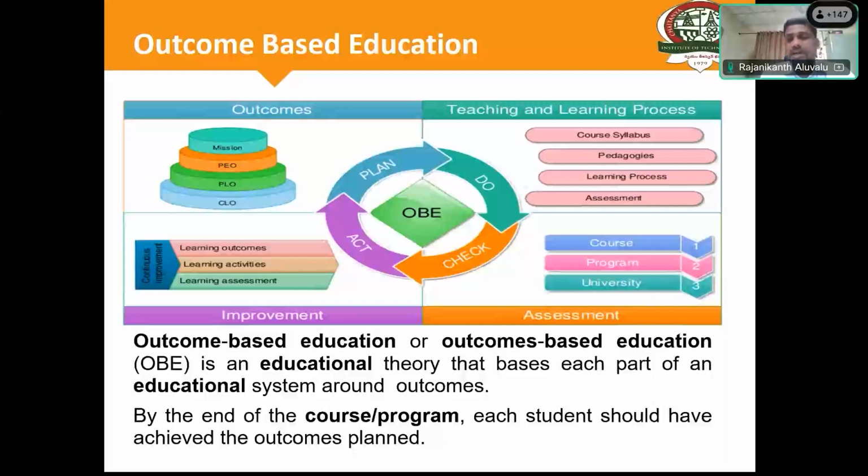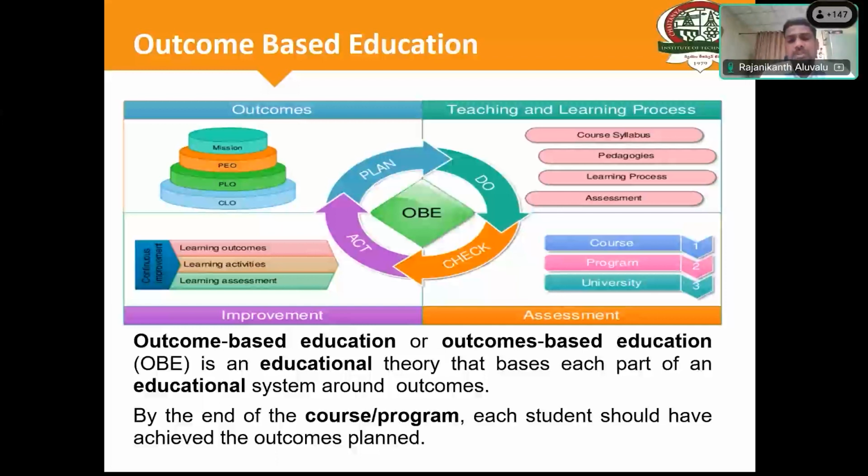The Washington Accord says outcome-based education is the prime approach for offering quality education. As the Indian NBA has become a permanent member of the Washington Accord, Indian institutions started practicing outcome-based education, and this is not something new. It's more than a decade that institutions have been practicing outcome-based education.